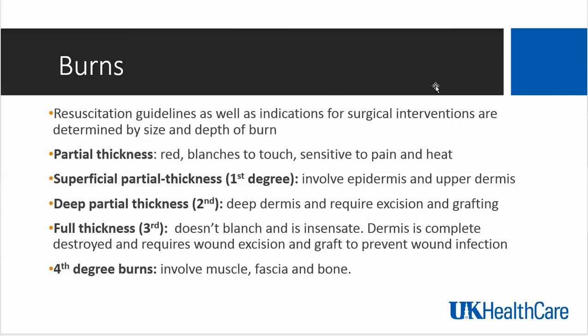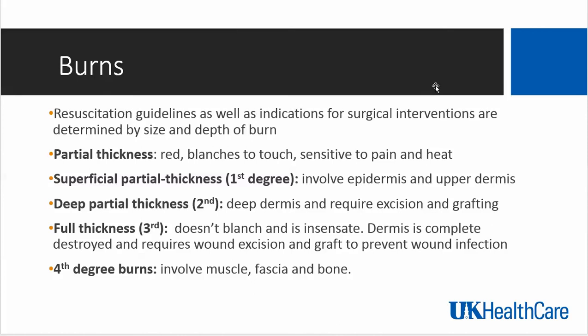So let's switch gears and talk about burns. Resuscitation guidelines, as well as indications for surgical interventions for burns, are determined by the size and depth of the burn. You have various degrees of burn. We'll start with superficial, which is red, blanches to touch, and is sensitive to pain and heat.